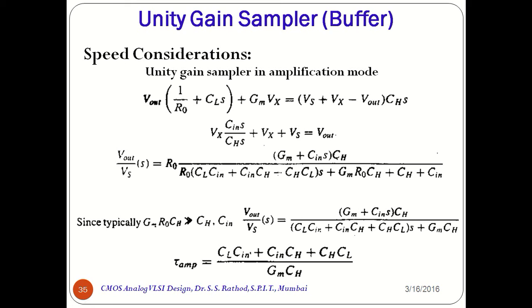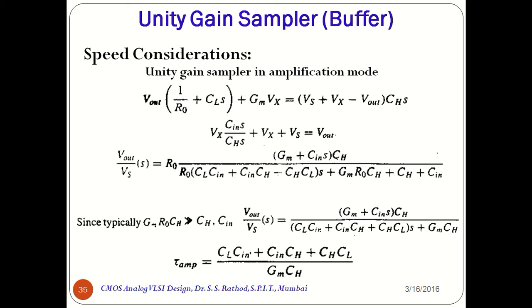Now substitute this value over here and simplify the equation, and we also have, typically, Gm R0 Ch greater than Ch. So finally you get the time constant in the amplification mode as (CL Cin plus Cin Ch plus Ch CL) upon Gm Ch.